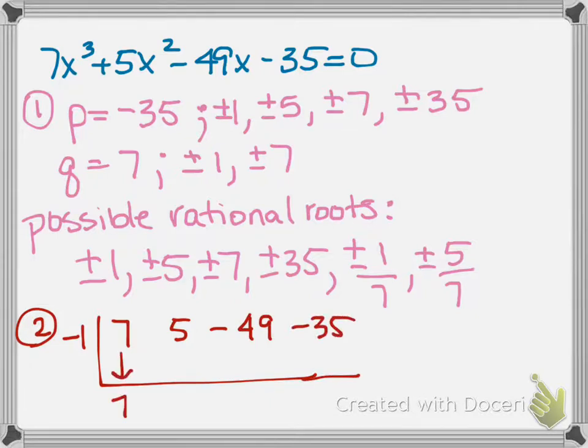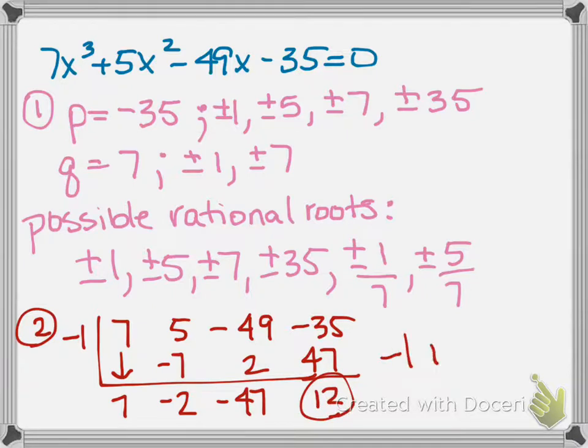So bring down the 7, times negative 1 is negative 7. That's negative 2, times negative 1 is positive 2. It's negative 47 times negative 1 is positive 47. And when I add them together, I get 12. Again, not 0, so negative 1 is not a root.